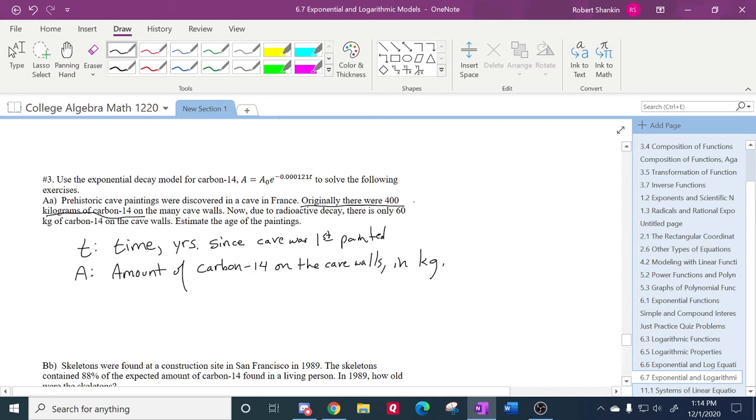Now, change that into math. Originally means, well, time since the cave was first painted. When the cave was first painted, what was the time? 0. Because that's when we start the clock. Years since the cave was first painted. When t equals 0, A was 400.